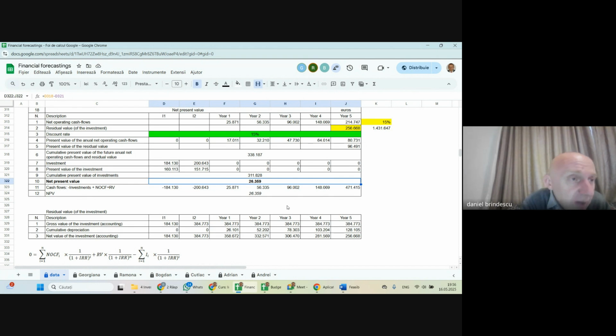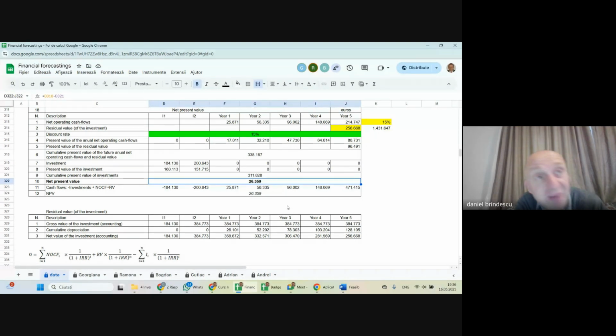However, I also don't want you to get to internal rates of return of 100%, 200%, because especially for startups, where risks are very high, you would expect the internal rate of return to be a bit higher.